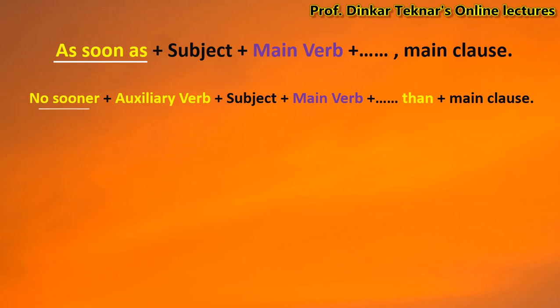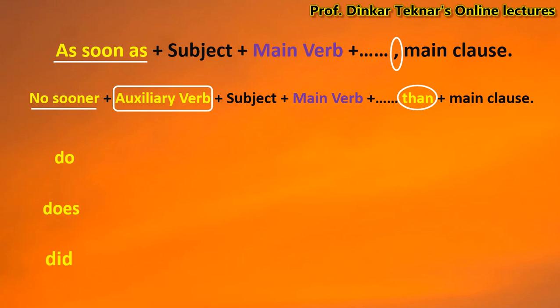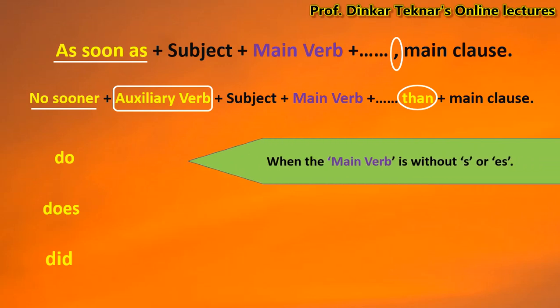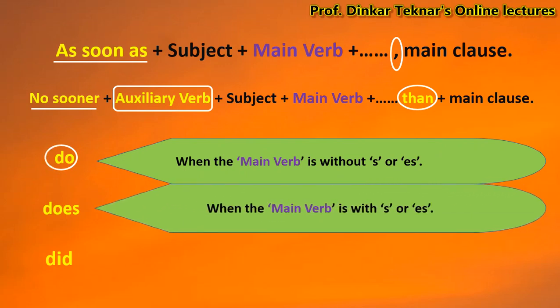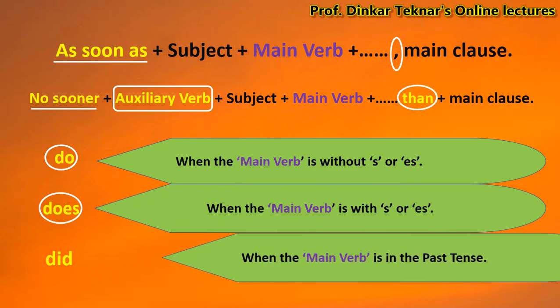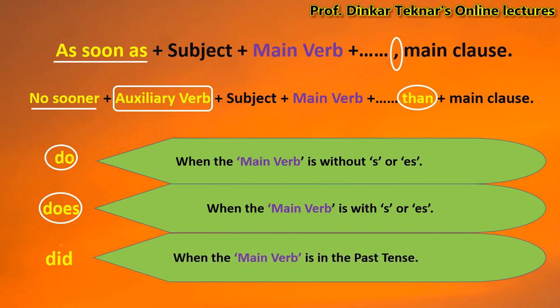As soon as, no sooner; comma, than; then the auxiliary verb do, does or did. When the main verb is without s or es, do is used. When the main verb is with s or es, does is used. And when the main verb is in the past tense, did is used.